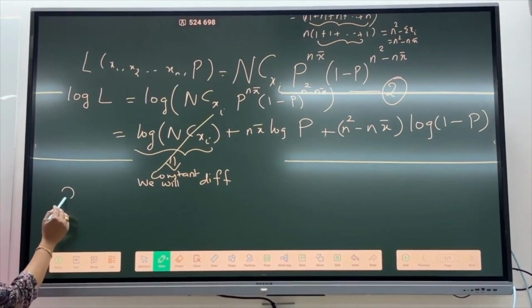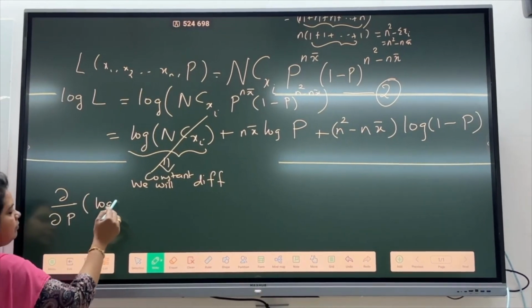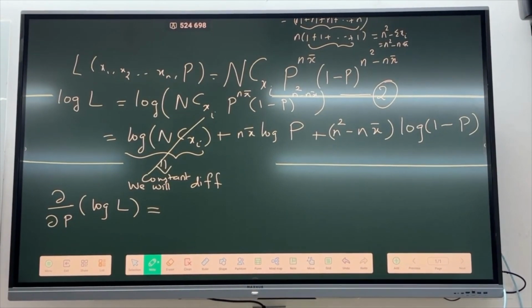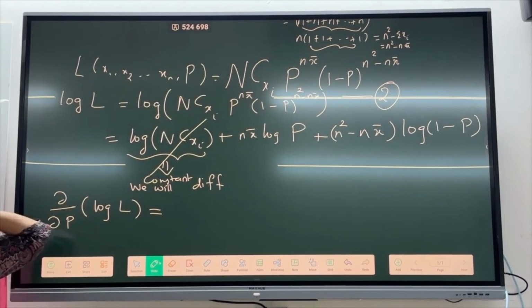So dou by dou P of log L. When you differentiate, the constant term is eliminated.